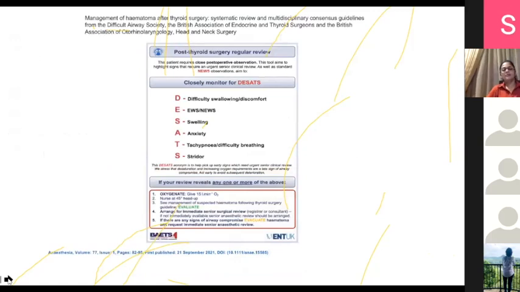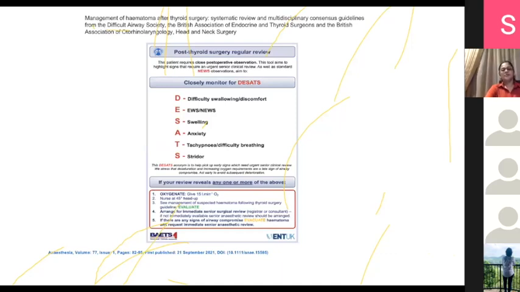And this infographic I actually got from anesthesia, which has given a mnemonic called DSATs. So when you believe that there is a hematoma following thyroidectomy and the patient is desaturating, they say to think of things like difficulty swallowing, think of a cause, whether this could be a hematoma, use early warning scores.